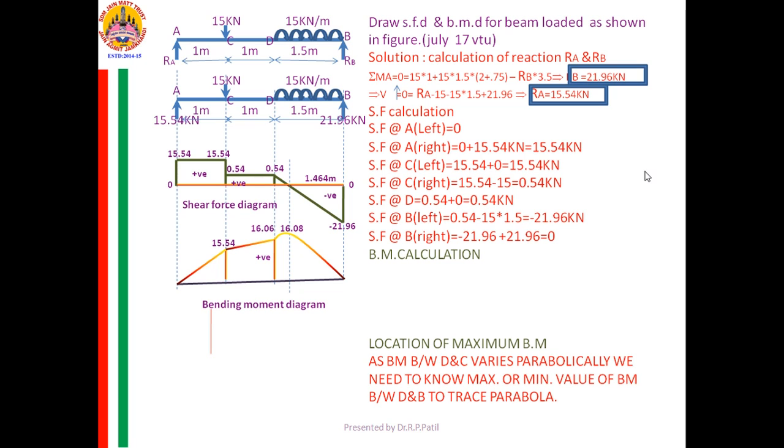Okay, we shall go for construction of the BM. Calculation I will complete. Yes, first is BM at B. Here, as in case of the SF, I am calculating till certain point and I am adding or subtracting.